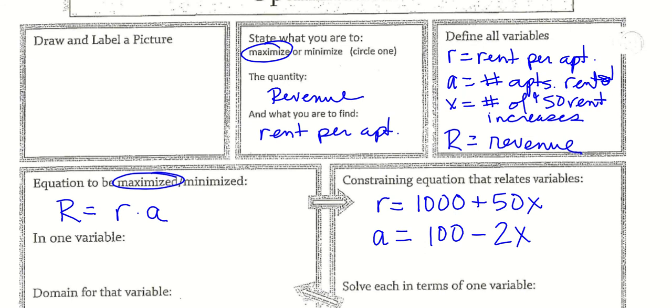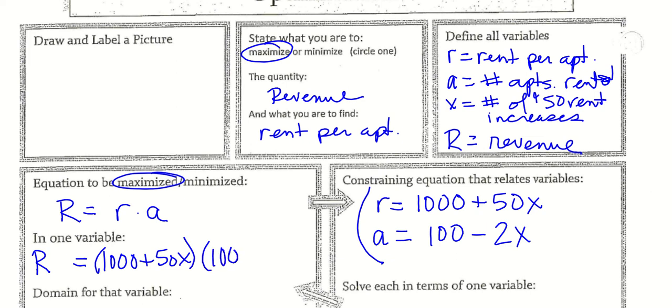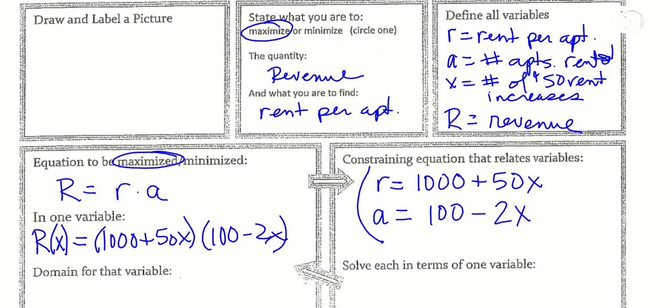So if I replace R and A with these quantities, I get an equation for revenue, which is 1,000 plus 50X times 100 minus 2X. And that is an equation for revenue in terms of X.